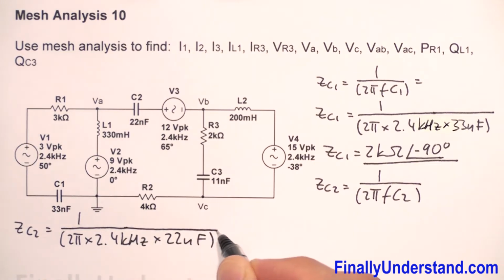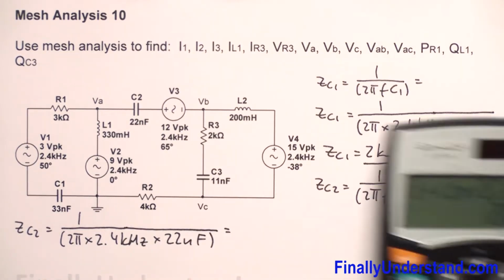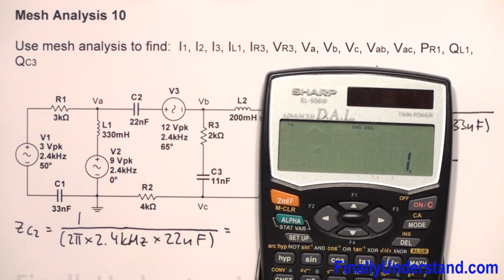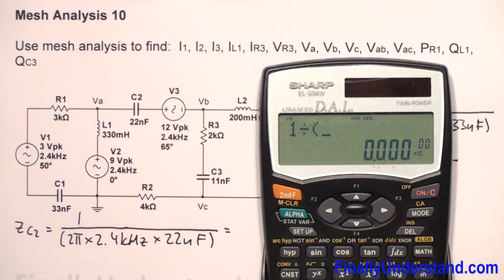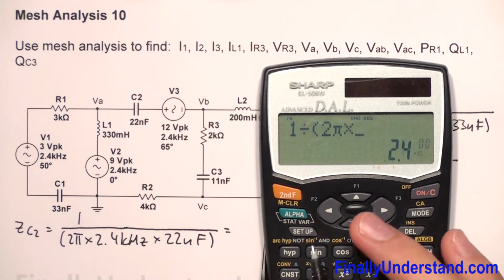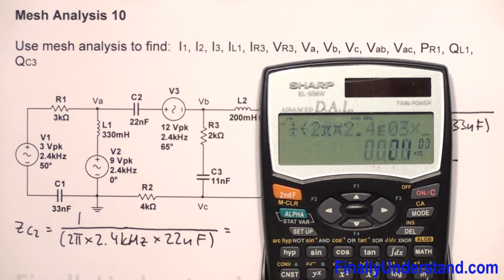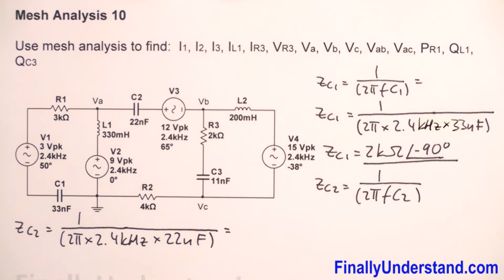Okay, so this is equal 1 divided by, open parenthesis, 2 pi times 2.4 exponent 3 times 22 exponent 9 negative. This is equal 3 kiloohms, we can say, and angle of negative 90 degrees.